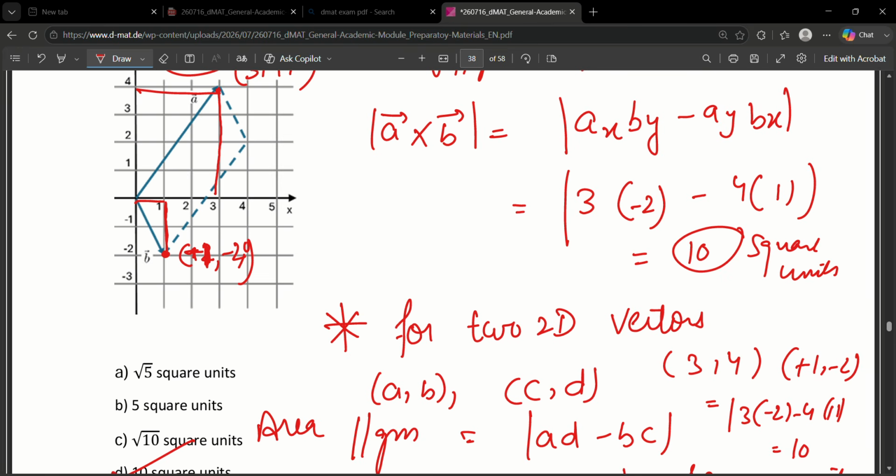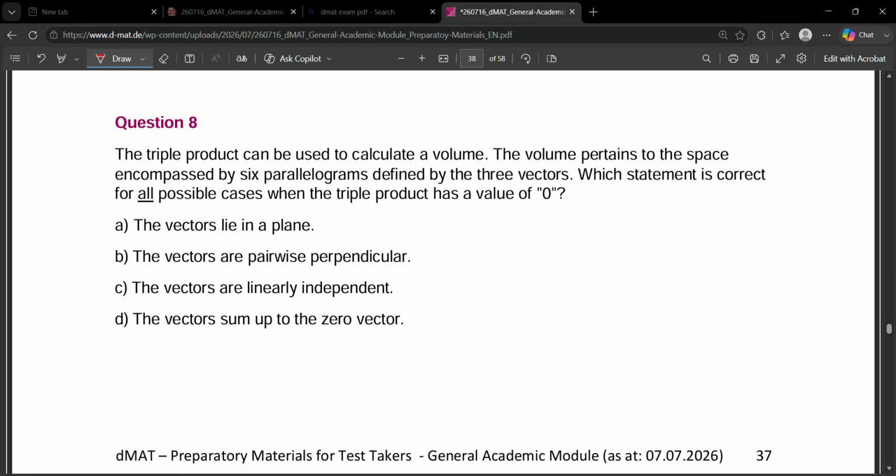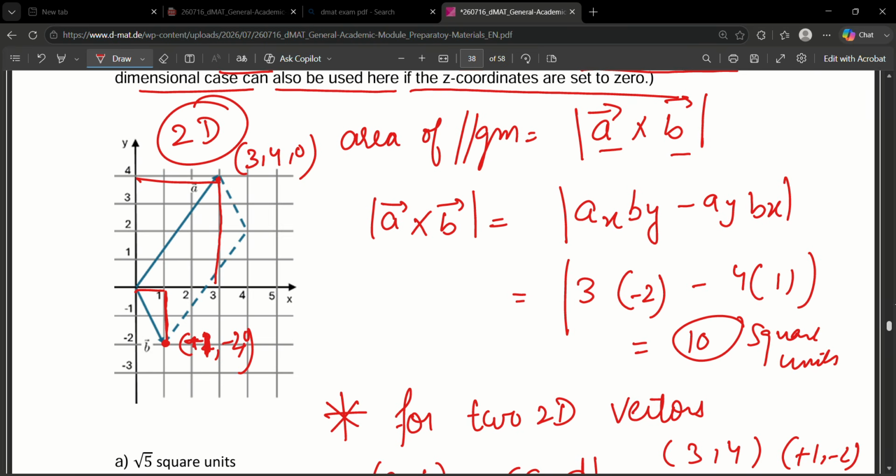Now this is all about these questions. There is a question number 8 as well. The triple product can be used to calculate a volume. The vector product is used to find the area of the parallelogram.